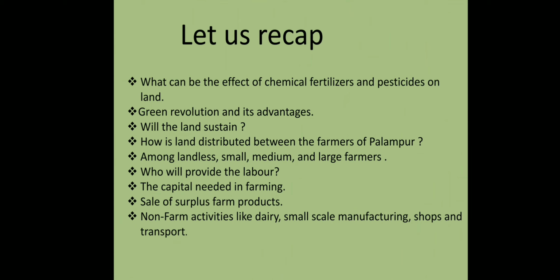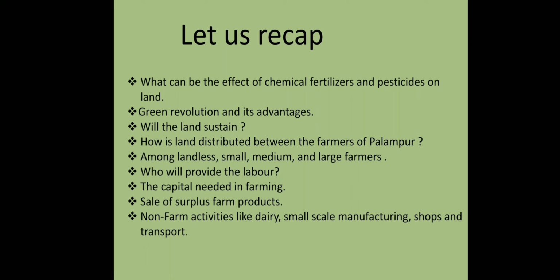Hope you have understood. Before concluding, let us recap what we have learned in this session. We have learned about the green revolution and its advantages. What can be the effect of chemical fertilizers and pesticides on land? Importance of conserving the natural resource.